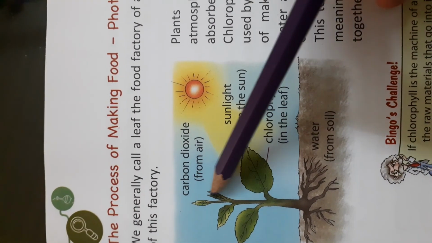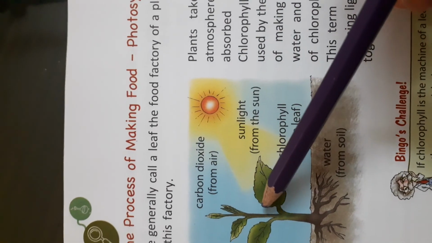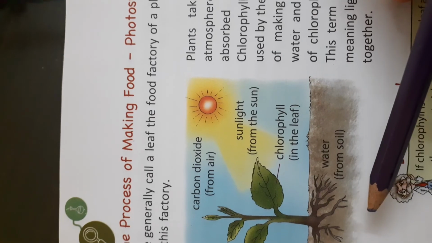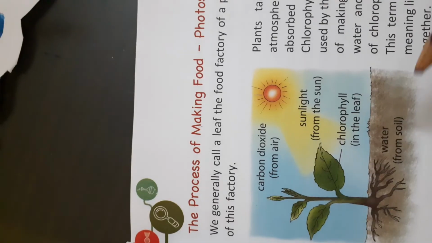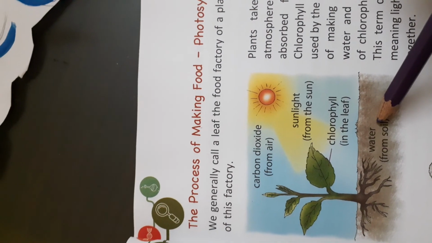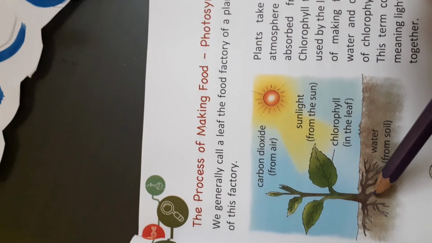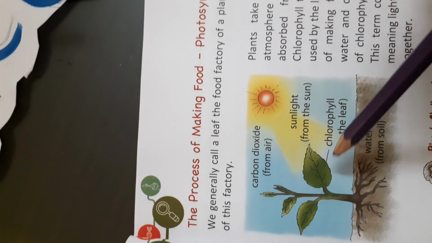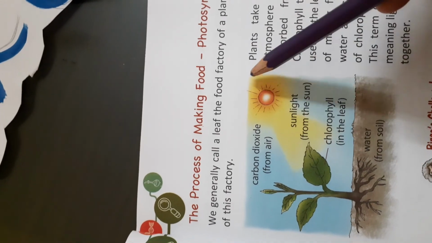Plants take in carbon dioxide from the atmosphere through stomata. Water is absorbed from the soil through roots, and chlorophyll traps the sunlight.